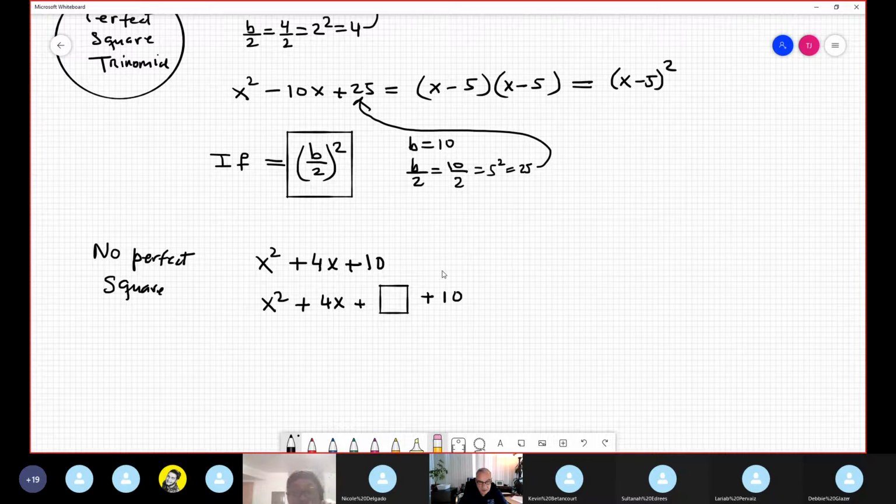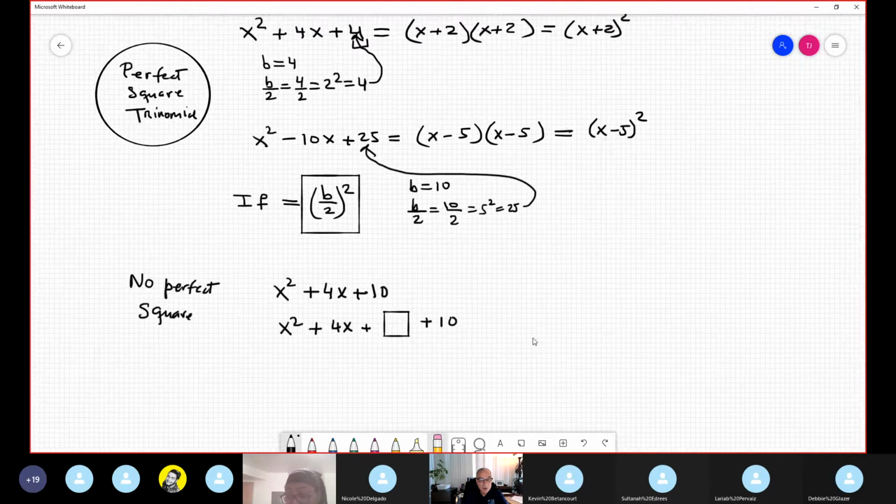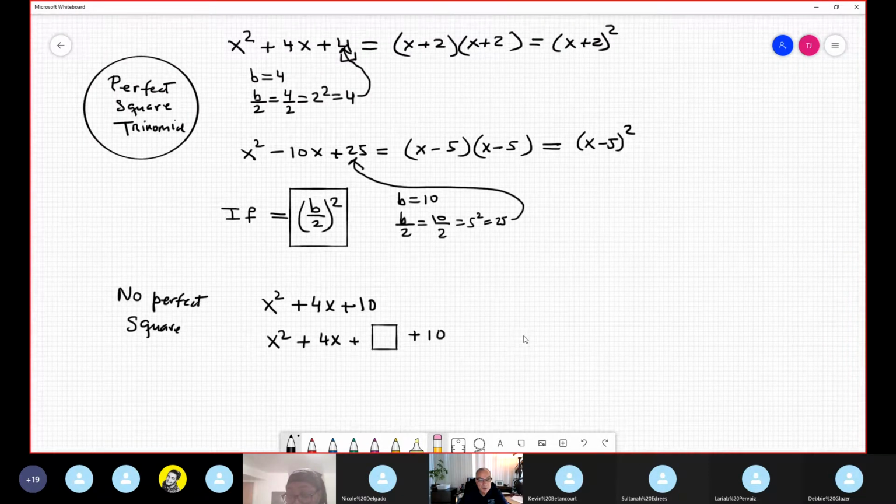You put 10 outside the game, and you try to find the magic number that completes the square. It's obvious that the magic number that completes the square is 4, right? We did this example before. So we need 4. However, we have no 4.